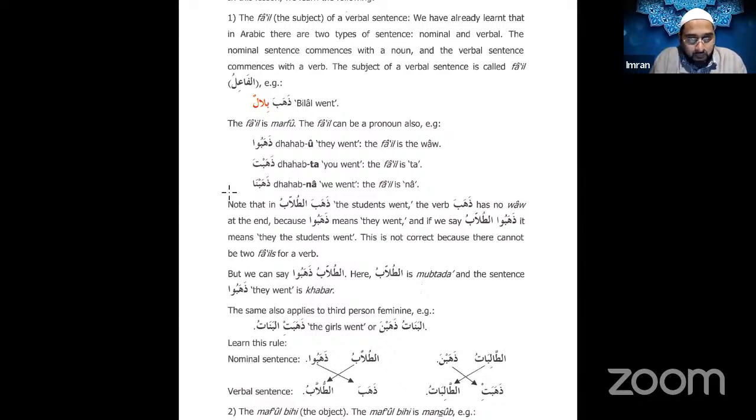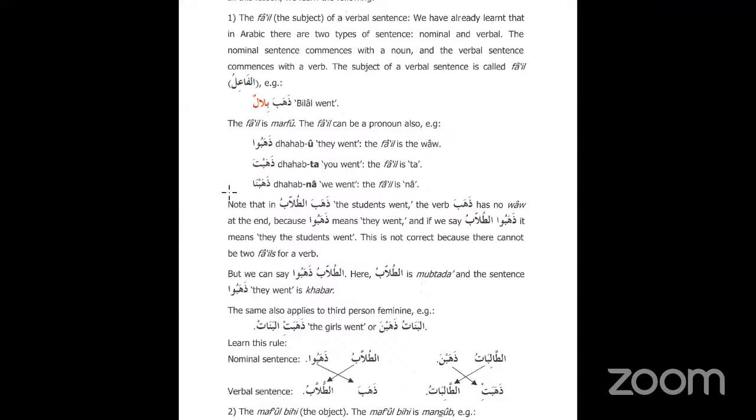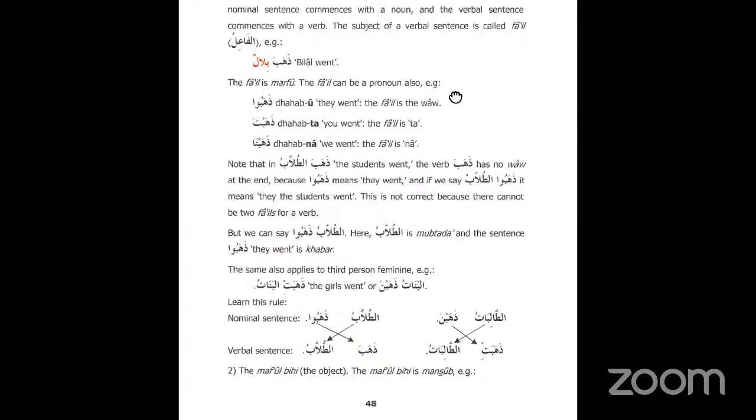Bismillah. The same also applies to the third person feminine. Example, al-banatu zahabna, or the girls went, or zahabat al-banatu. Correct. Learn this rule. Nominal sentence, at-tulabu zahabu, zahaba at-tulabu.